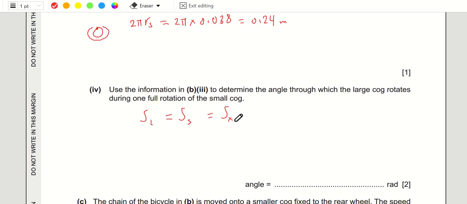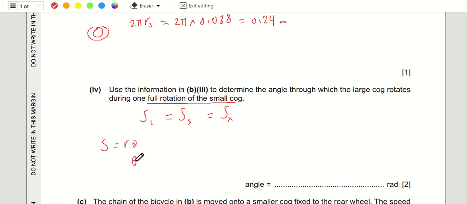During one full revolution of the small cog, we found the distance to be 0.24, and we know the relation that S equals theta r or r theta.